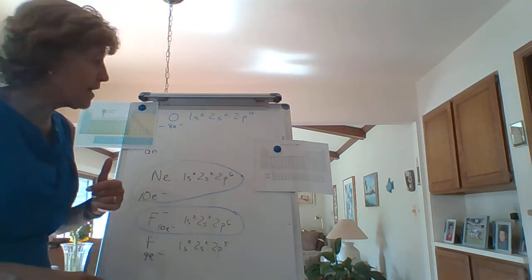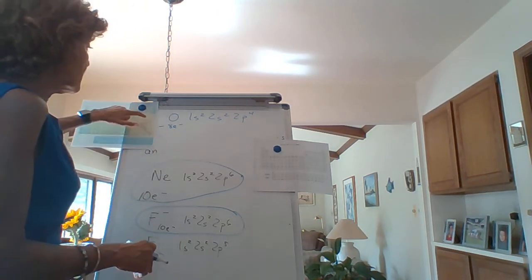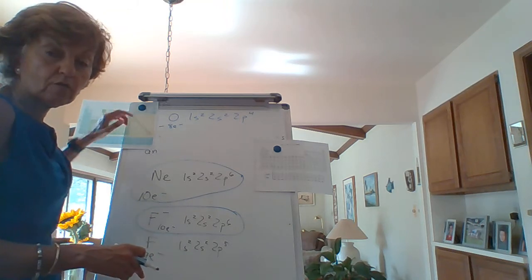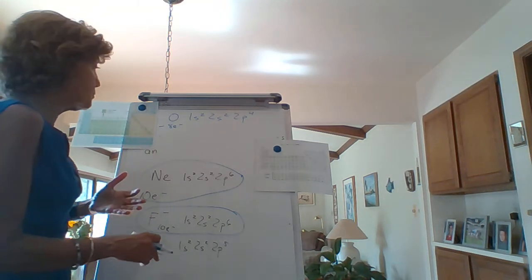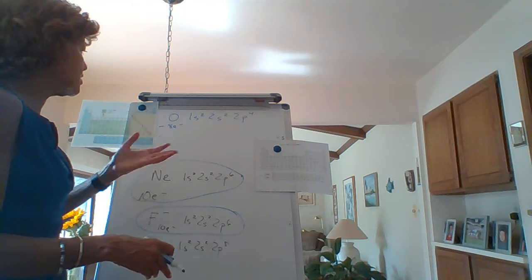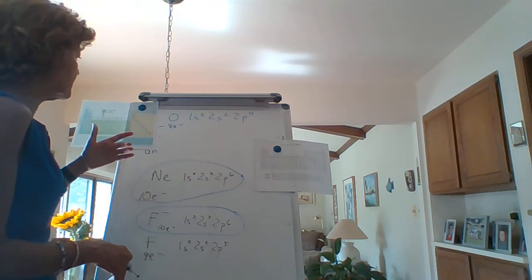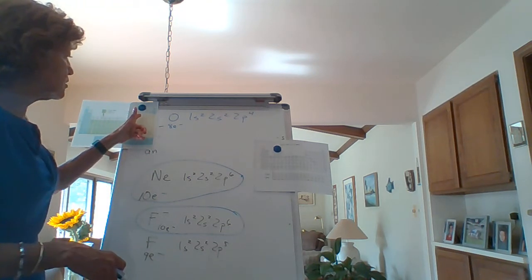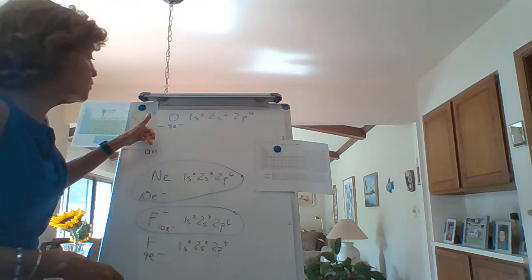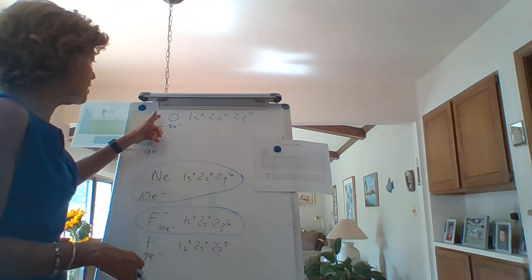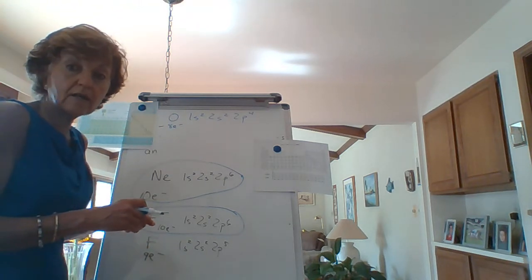But oxide, when it picks up 2 electrons to look like neon, remember what we did in the previous chapters, or actually in this chapter, but in the earlier videos. In order for oxygen to fulfill the octet rule, it needs to pick up 2 electrons to look like neon.